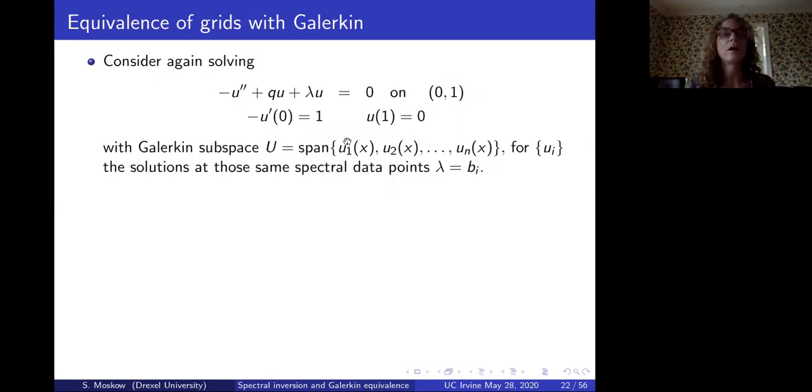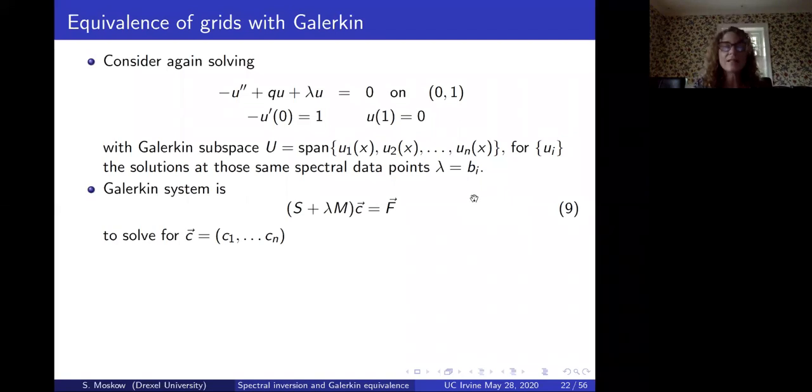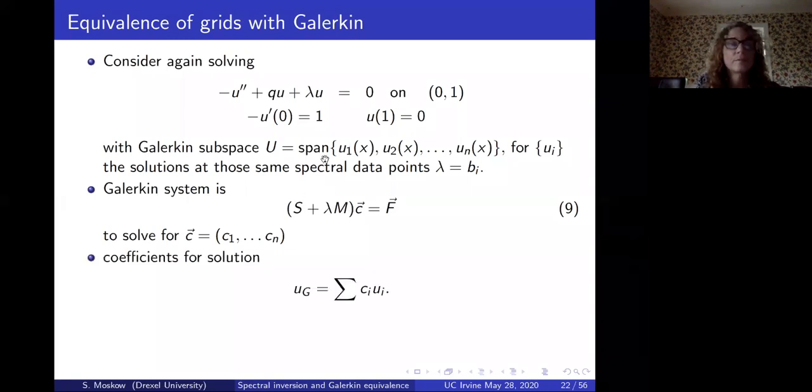Well, consider again solving the same problem with the Galerkin method with these exact solutions at these same spectral data points. And then this is the Galerkin system for the unknown coefficients, where this big F is your data. And you solve for C. So remember, F is precisely the point values of the data. S and M can be obtained from the data directly.